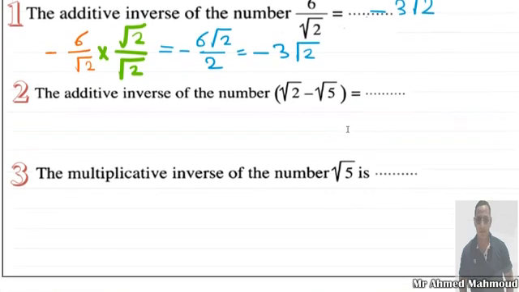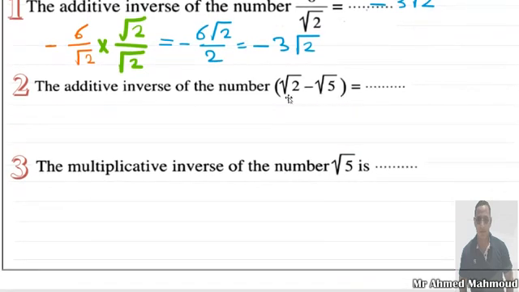The next one, the additive inverse of this bracket. Okay, now I'm going to change the whole sign of the bracket like this. Minus open bracket square root 2 minus square root 5. The negative sign here will change the whole bracket. Negative changes the root 2 to negative square root 2.